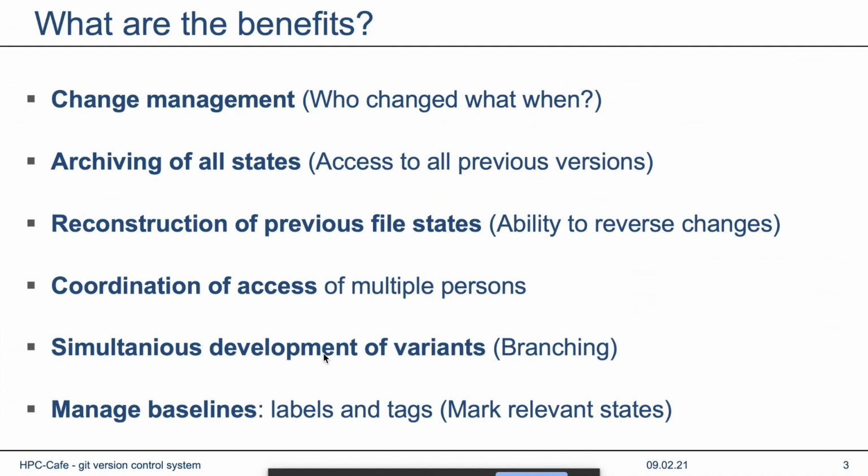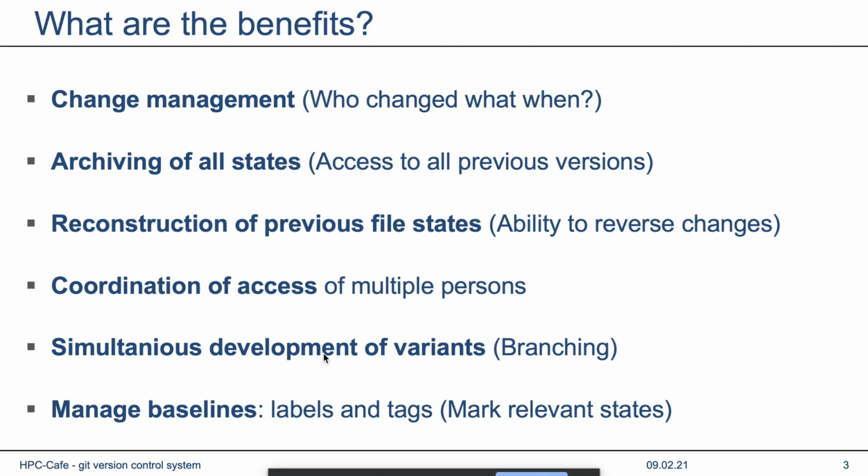You want to have access to all previous versions and want to be able to look at them. This is especially important for tracking. If something went wrong, you want to be able to track where this came from and what you changed when. Then reconstruction of previous file states. If you mess something up, you want to be able to go back to an old safe state with some guaranteed properties.